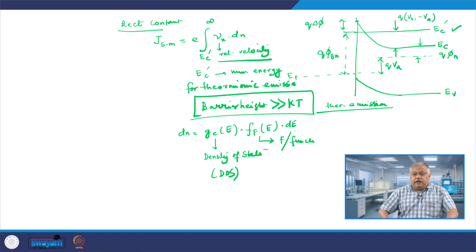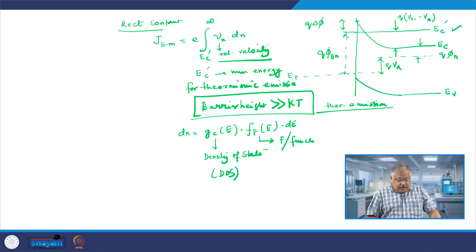So, you see it is the multiplication of the density of states and the Fermi function. When you multiply these two together with respect to dE, where dE is the incremental change in the energy level, you get the total amount of charge carriers available within that density of states function. Since f(E) is a probability function and g(E) is the density of states, when you multiply you get the value of dN.